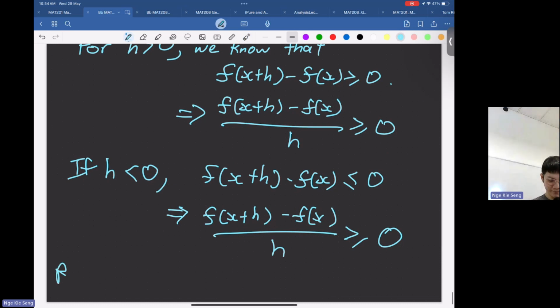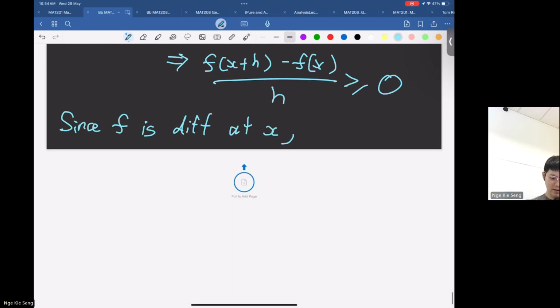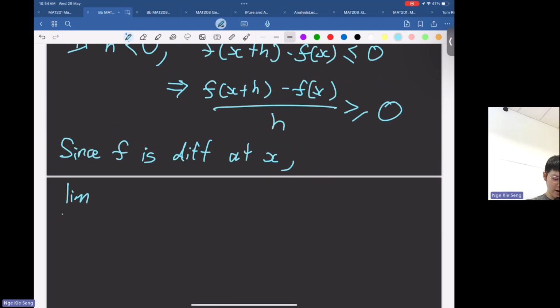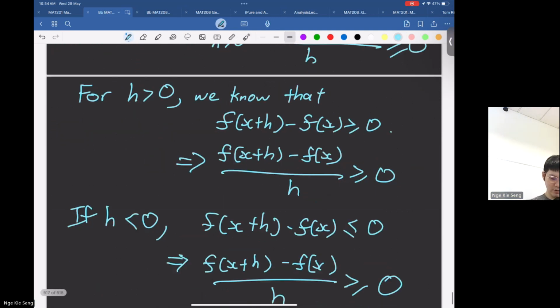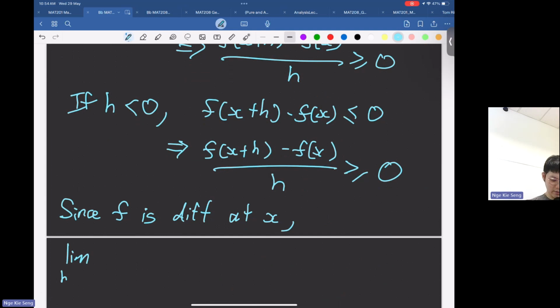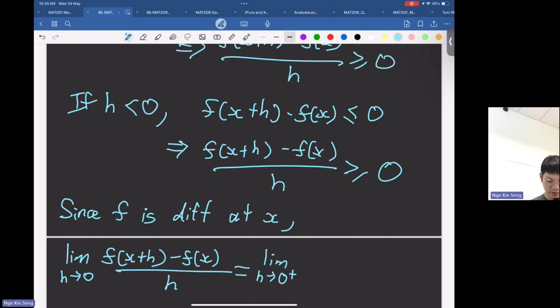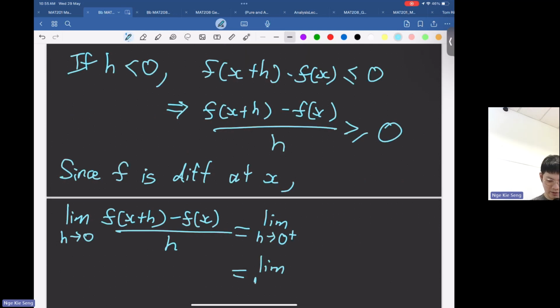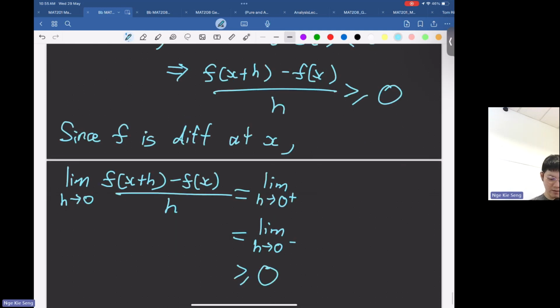Okay. So since f is differentiable at x, the left limit and the right limit have to be equal to the original limit. So the limit from 0 plus equals the limit from 0 minus, but both of them are greater or equal to 0.